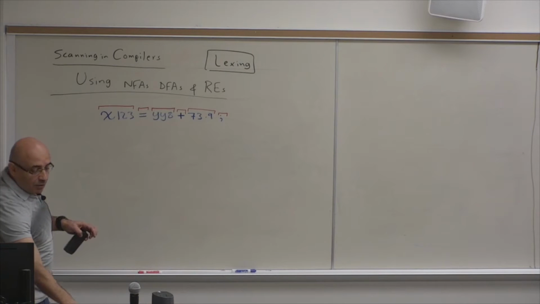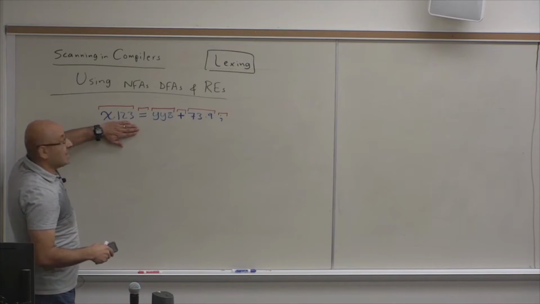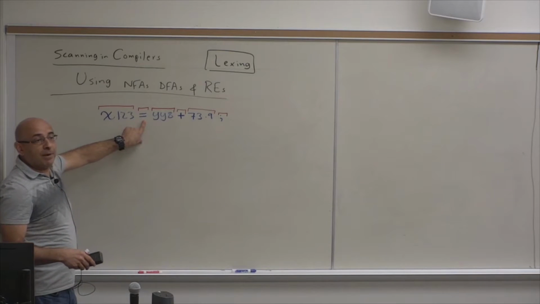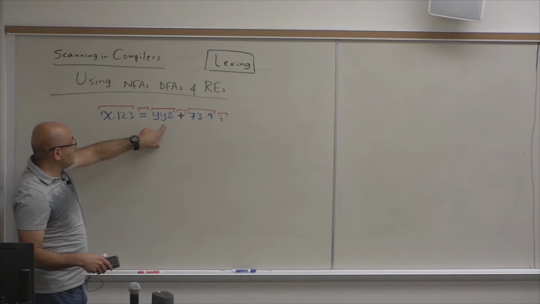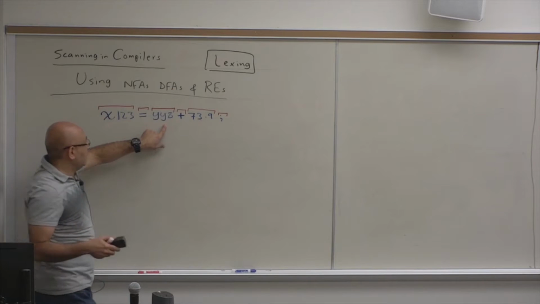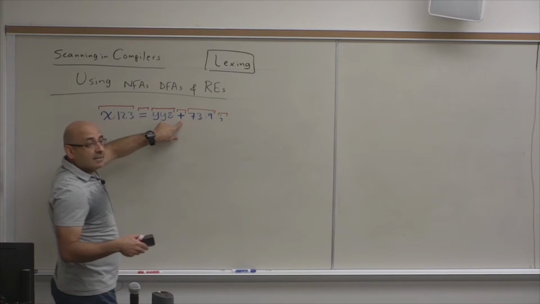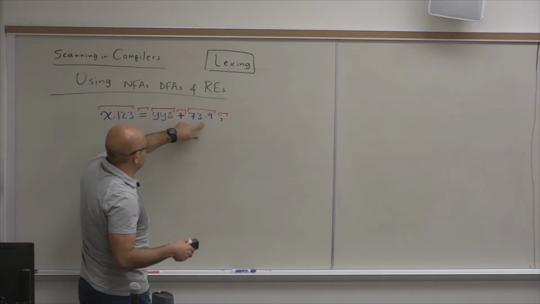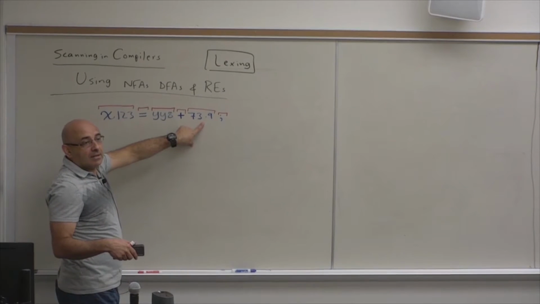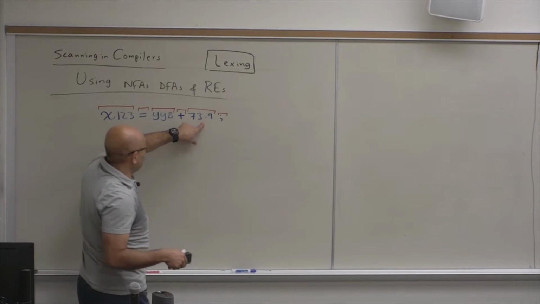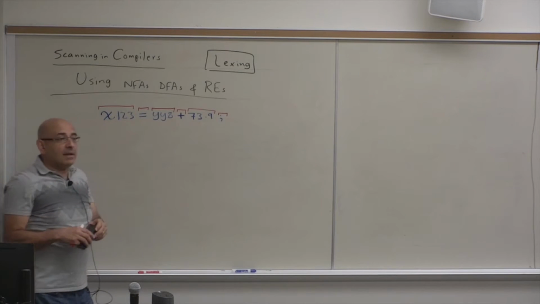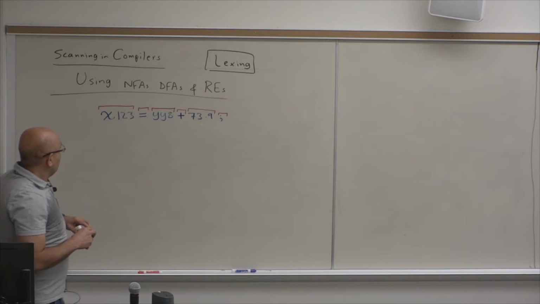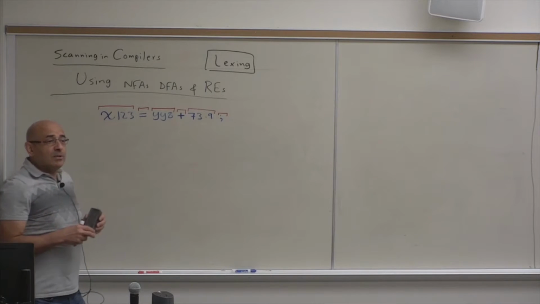So we would like to identify this as a variable name, and this as an assignment operator, and this as another variable name, and this as an operator, the addition operator, this as a constant, and this as the end of statement indicator.